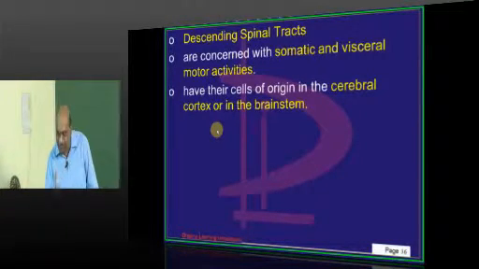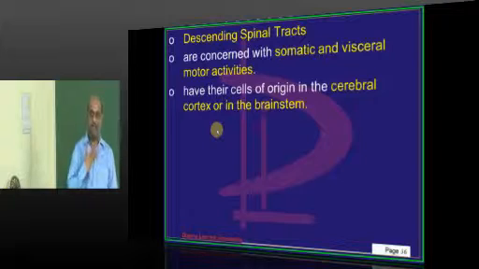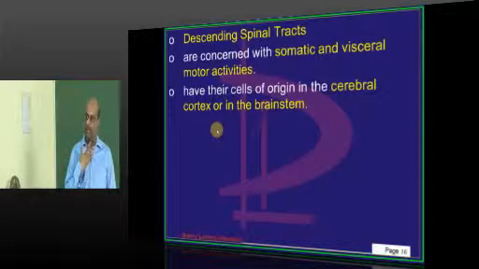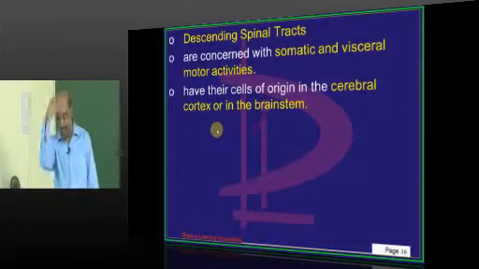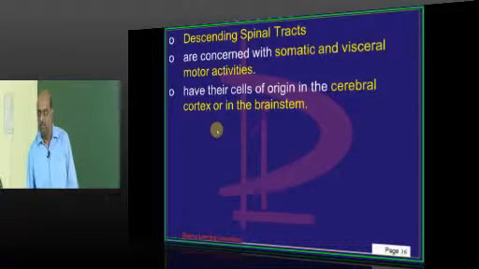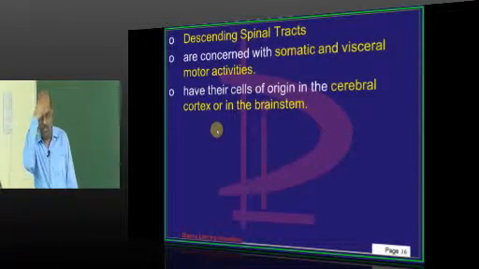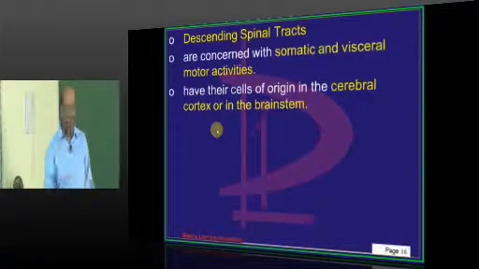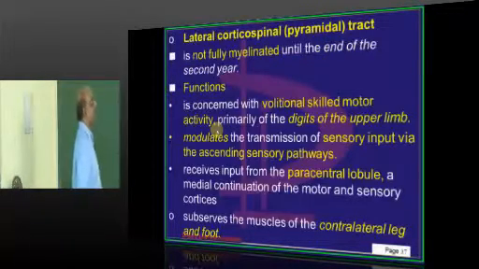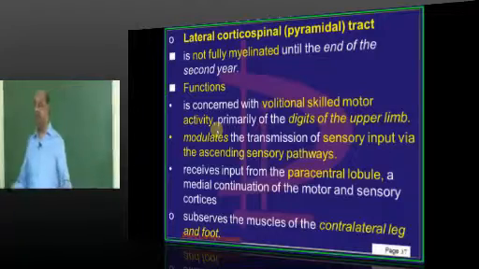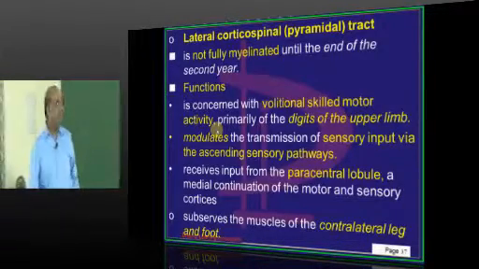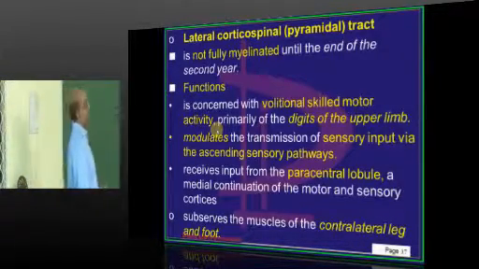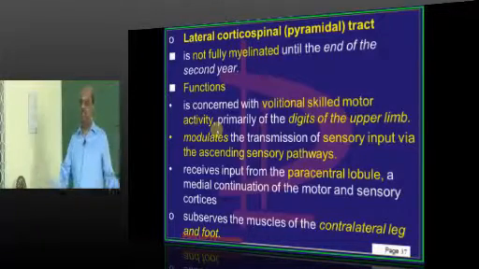But I'm talking about those motor nuclei in the brainstem, right? They need to be controlled by the cerebral cortex. So you have corticobulbar fibers, and the corticospinal tract is a very important descending spinal tract. Now let us talk about the lateral corticospinal tract, which is called the pyramidal tract.